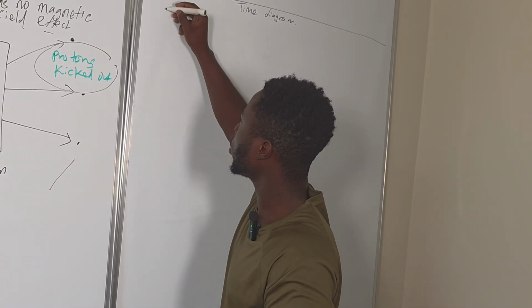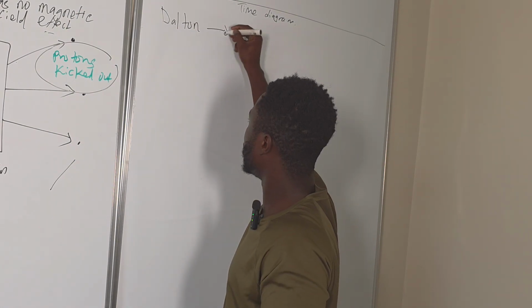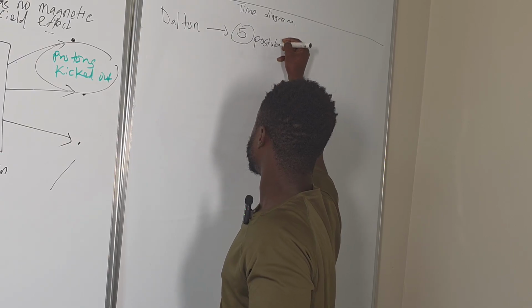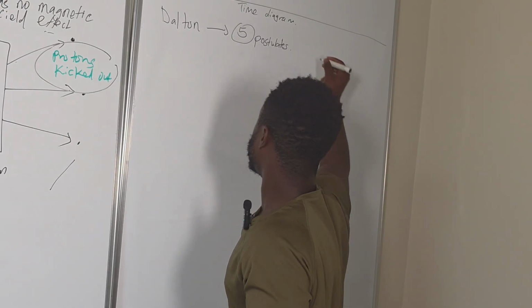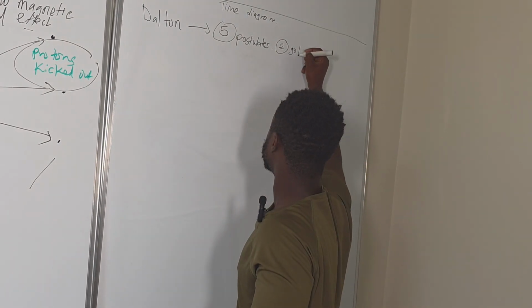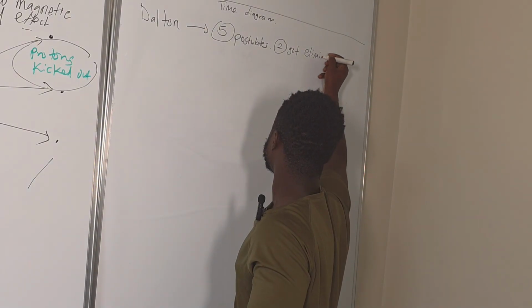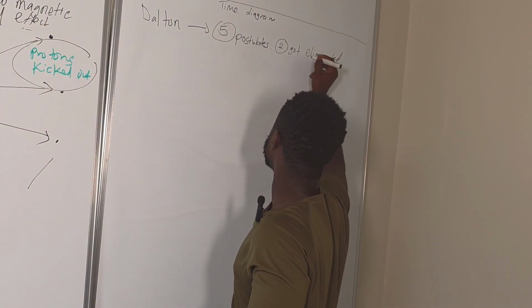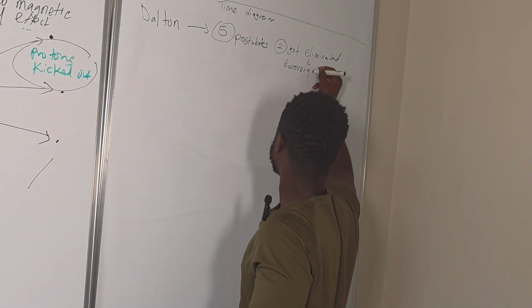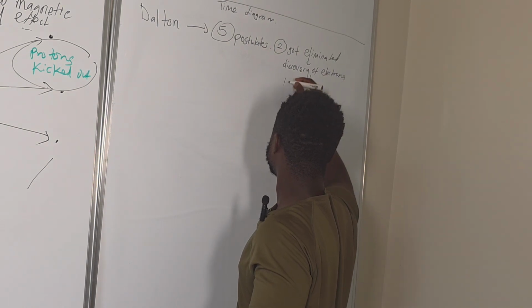So from Dalton, what he did was 5 postulates, and out of the 5 postulates, 2 got eliminated. And why did the two get eliminated? Because of the discovery of electrons and the discovery of isotopes.